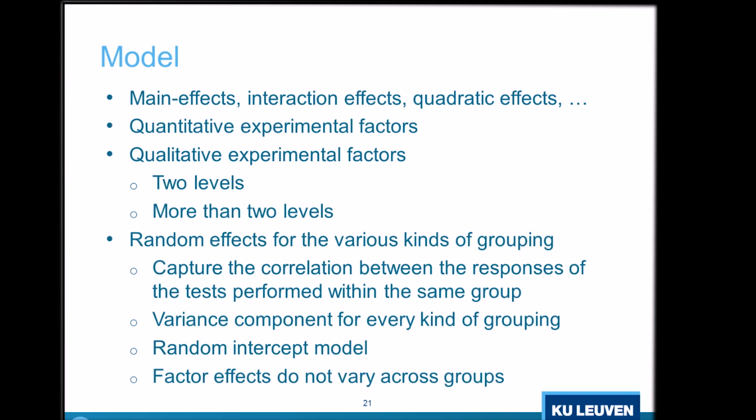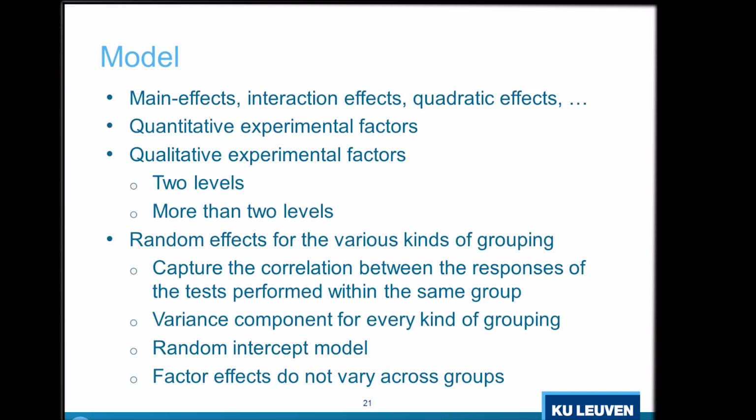We needed to have random effects for the whole plots in a split-plot design, and we needed to have random effects for the whole plots and the subplots in the split-split-plot design. So for each kind of grouping, essentially, we have a random effect in the model, and with each kind of grouping, there is also an associated variance component.